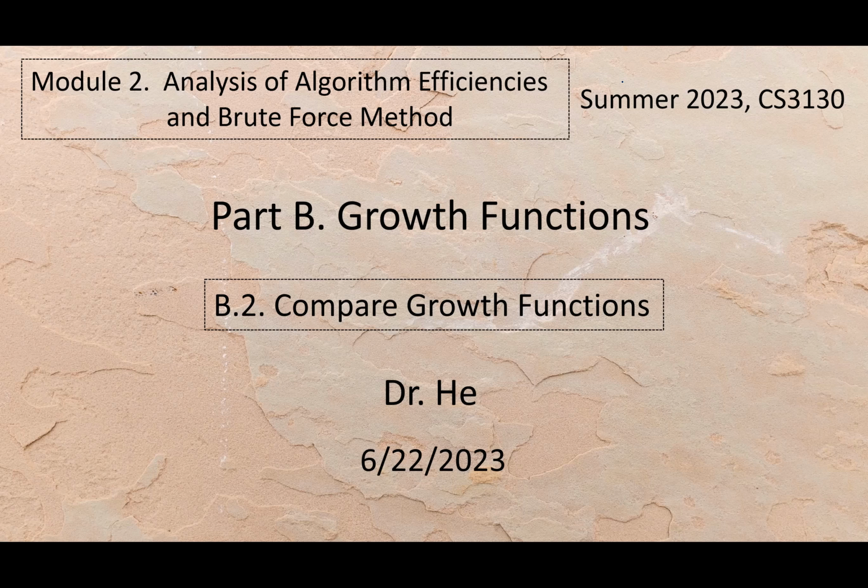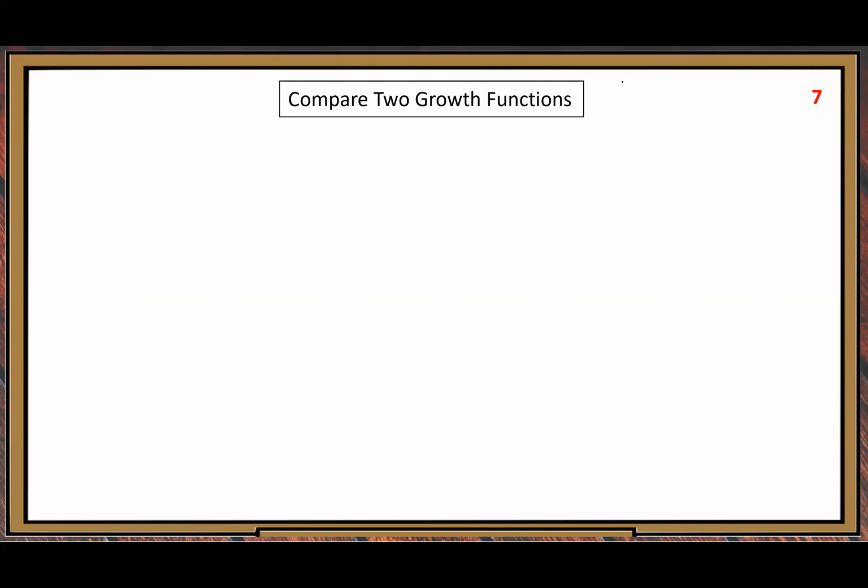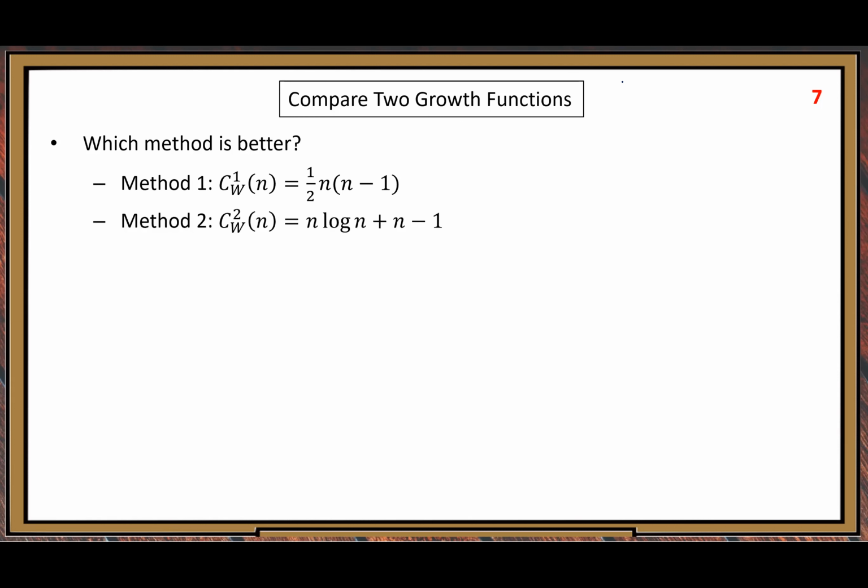All right, so let's do the work. Compare two growth functions. Which method is better, method 1 or method 2? We need to get the growth function. Method 1, growth function n squared. Method 2, we do two steps. Step 1, n log n.